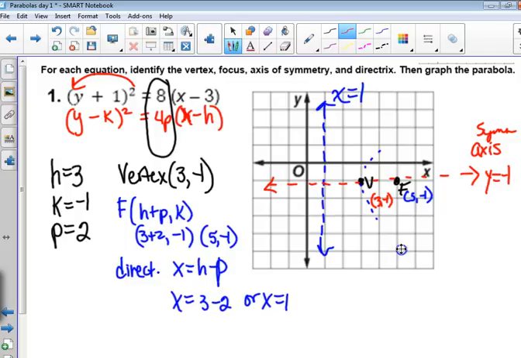This is a little bit of a struggle because you can put either an x or a y value in, but you have to think about where you're going here. If it's going off this way, can I pick a negative or a 0? I guess I could pick a 0 to find the x-intercept, but that's not very far away. Do you want to put an x or a y in?